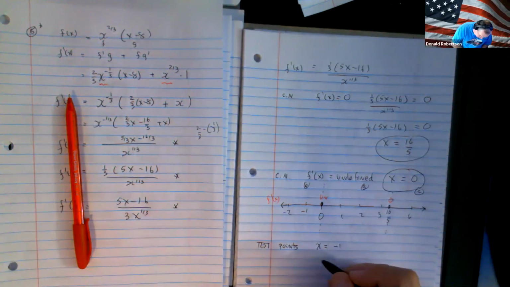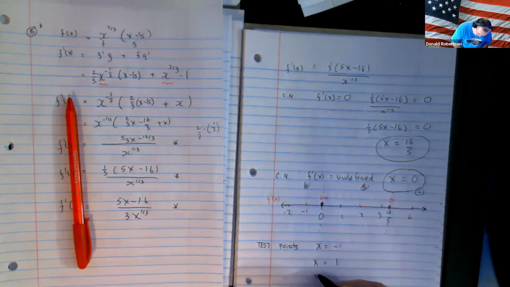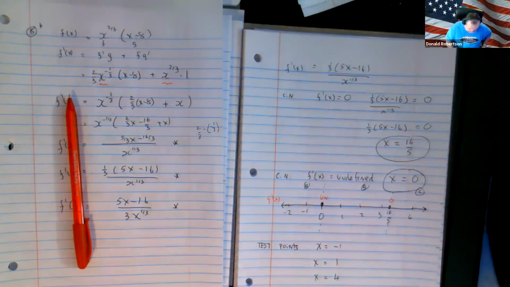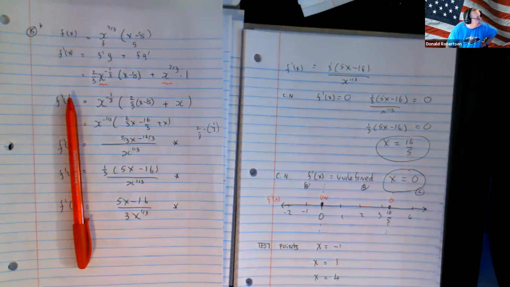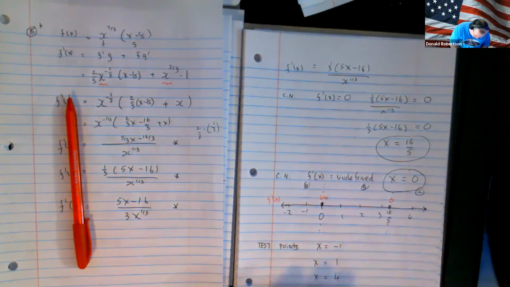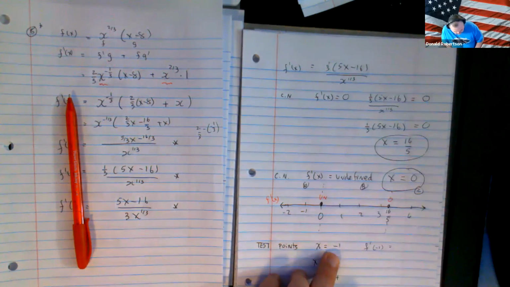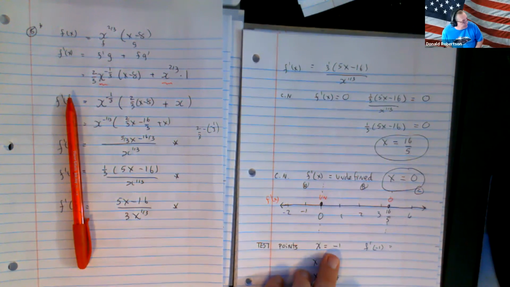Can't use 0. Okay, I like 0, so I'll pick 1 and 4. Now, they seem reasonable x's to pick, right? I do not care what the number is, whether it's 42 or 4.2. I just care it's positive or it's negative, right?